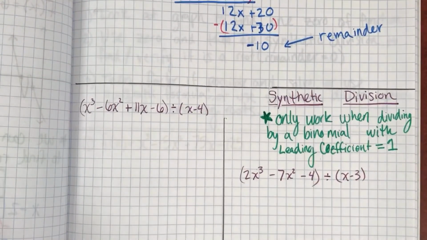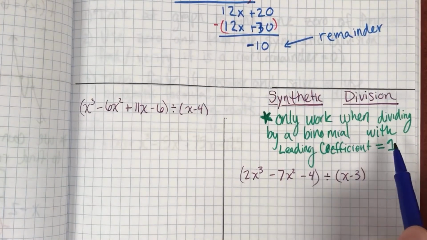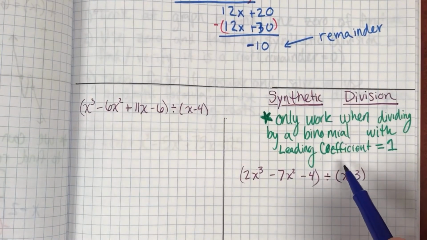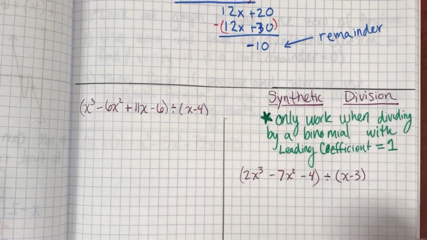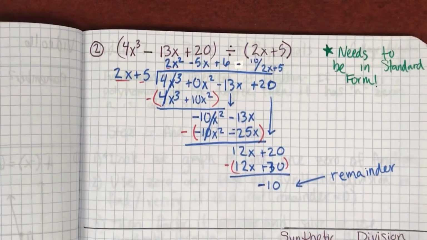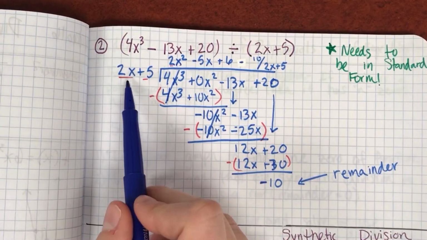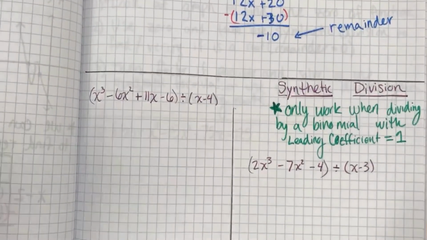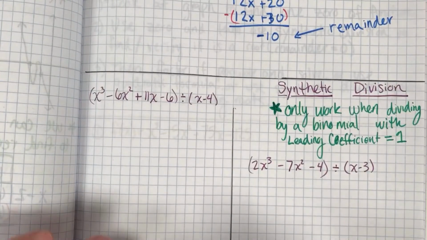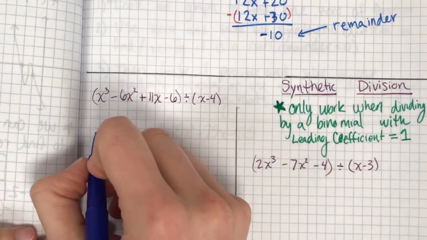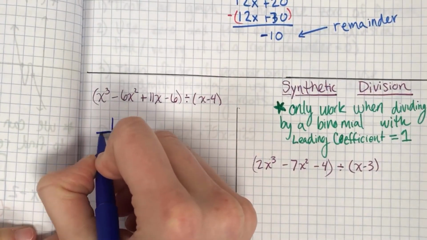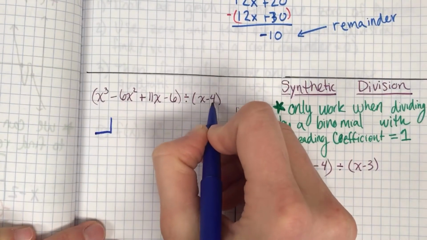All right, synthetic division. This one is kind of fun. It only works, though, when your binomial has a leading coefficient of 1. So, for example, we wouldn't have been able to do it with this because this was a 2x and not just 1x. So when we start with this, we take the opposite of what we're dividing by.